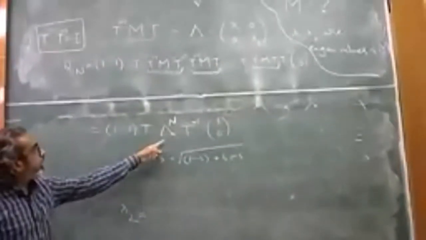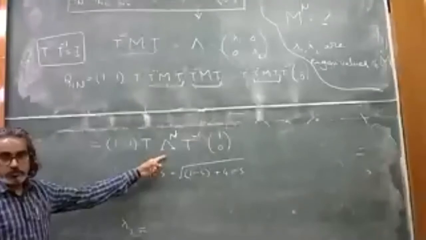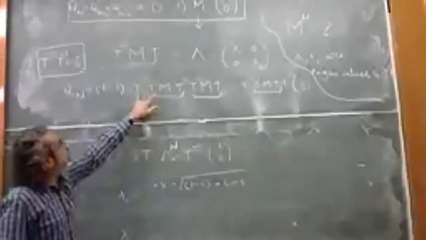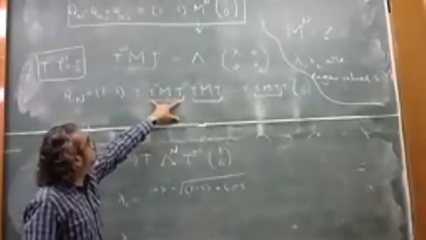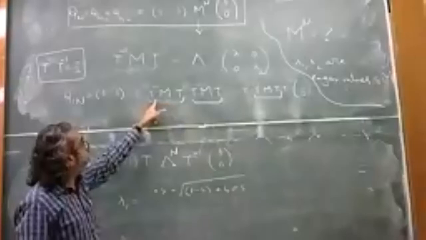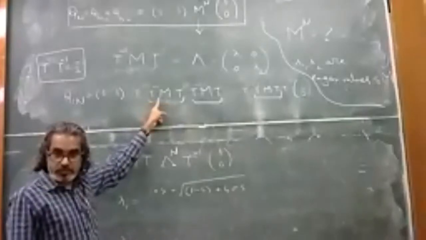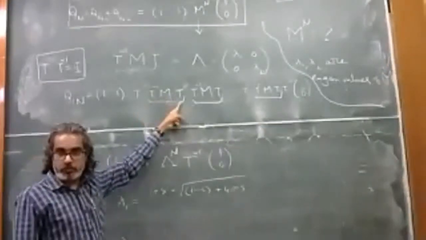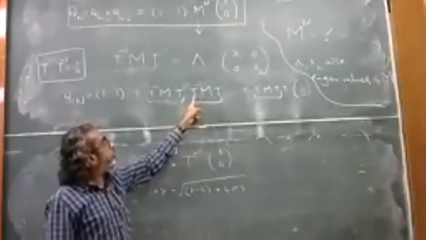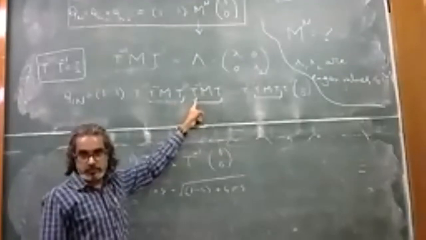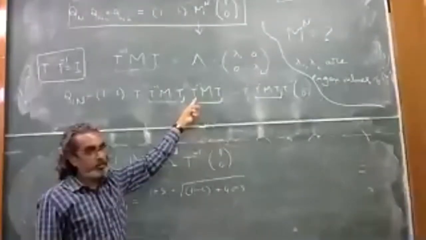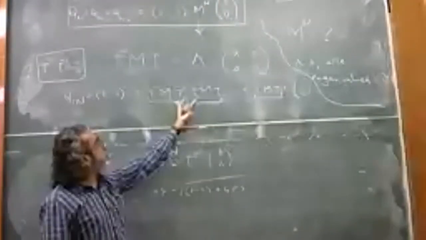So that you can have these terms. Basically you want T inverse on the left side of the M followed by T. Again, for every M you want T inverse. So in essence, you need to insert T inverse between two M. For the first one, you need one more T inverse, so that's why you inserted T inverse.